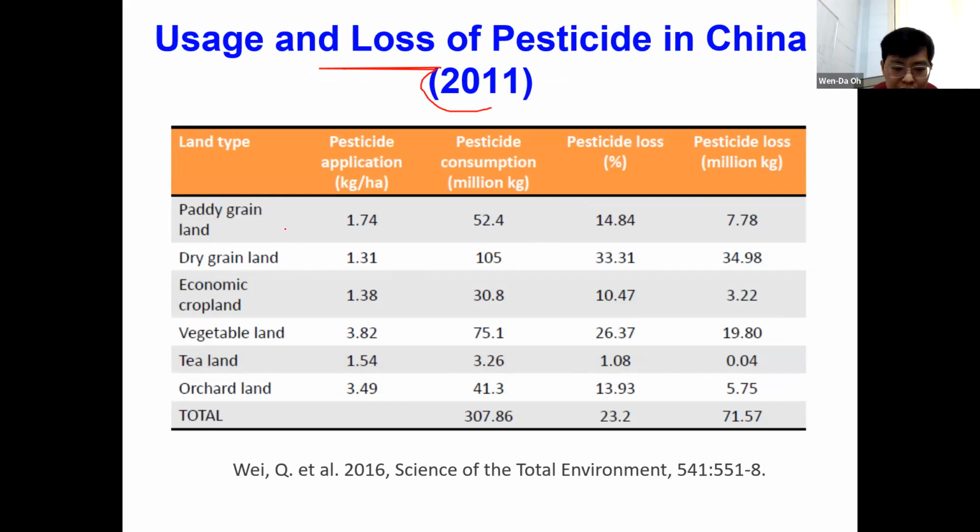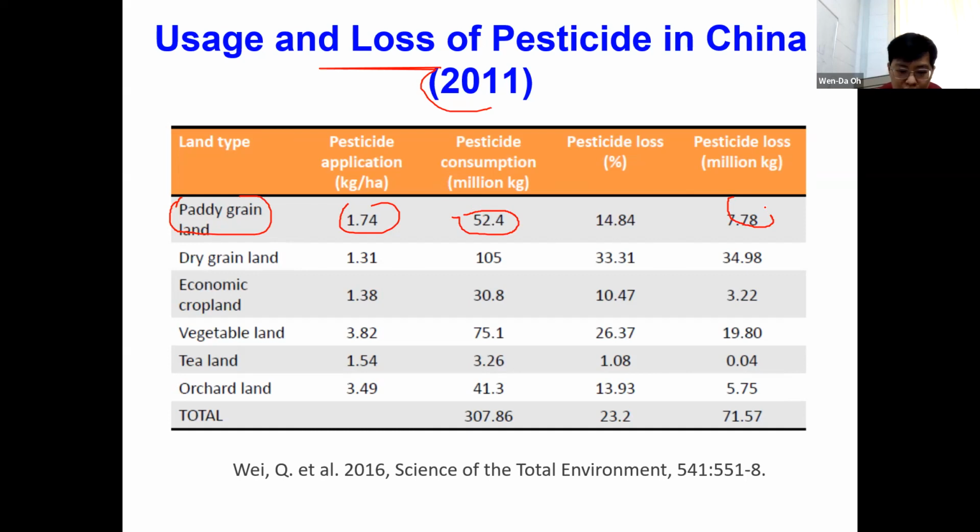So the mass balance study has been conducted by them, and then you can see in different areas they apply different pesticides, right? Like for example, paddy grain land, they applied 52.4 million kilograms of these pesticides. Okay? So after conducting mass balance, what they found was that about 7.78 million kilograms of these pesticides had been lost due to many different reactions.